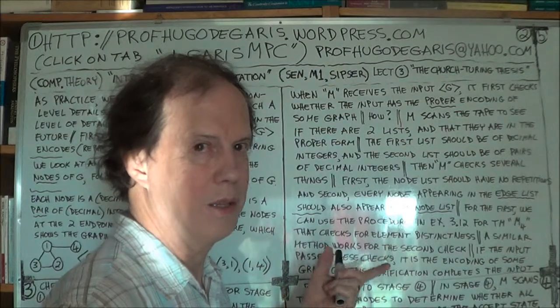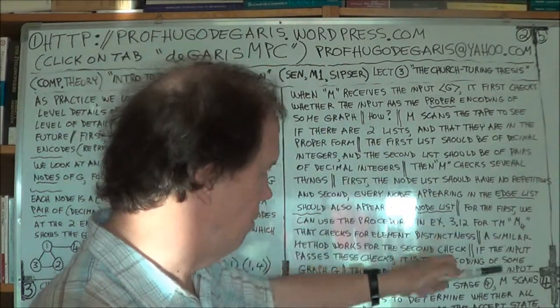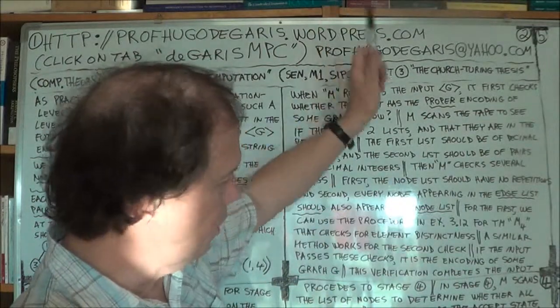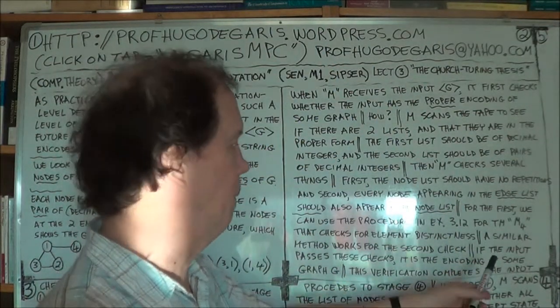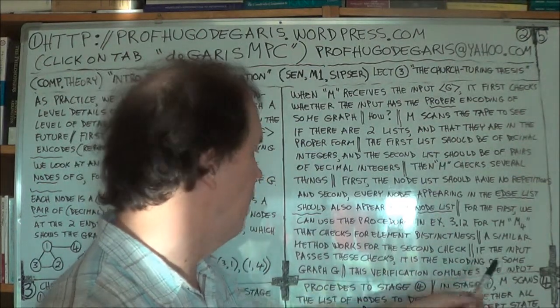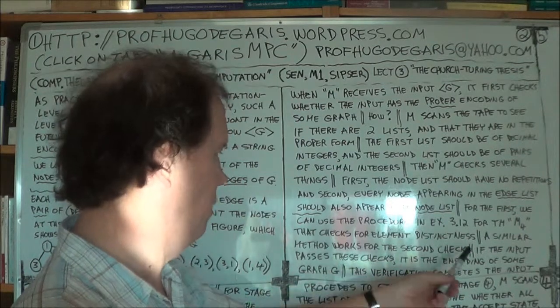You don't want anything missing. Now assume that if there are any errors, always reject. This machine M is a decider.